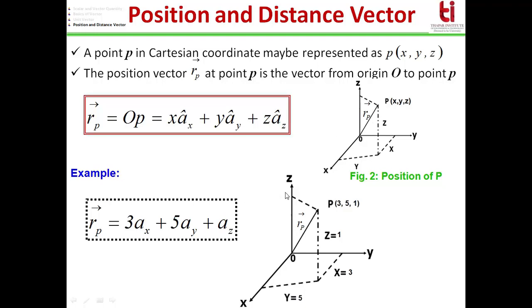Vector Rp is given as 3ax plus 5ay plus az. So in this example you can see 3, 5 and 1 is the position of point P in the Cartesian coordinate system. So point P is represented by vector Rp with the unit vectors.